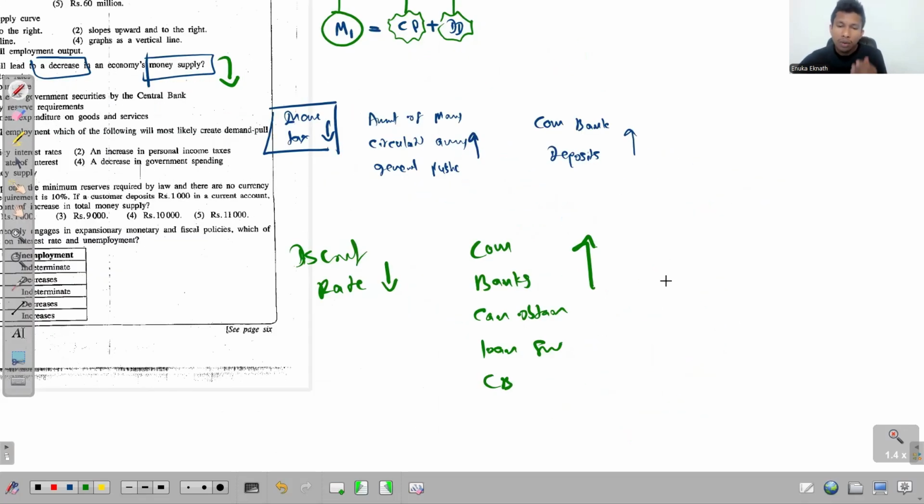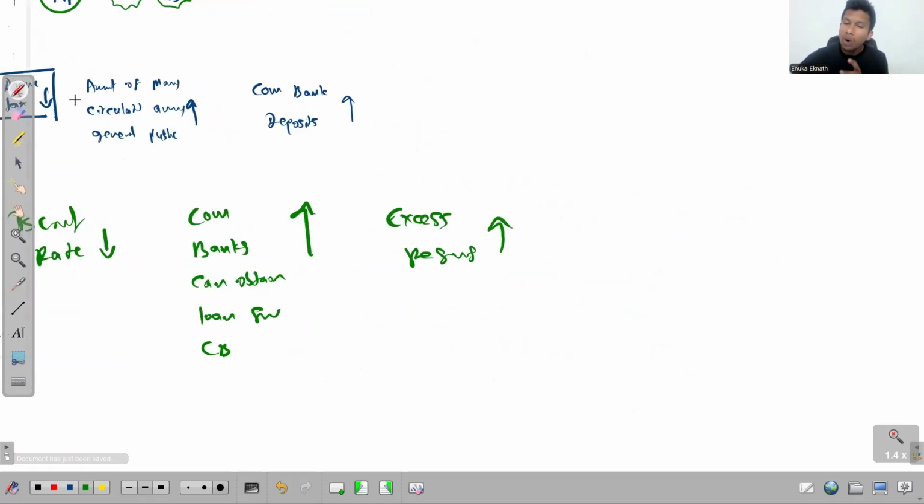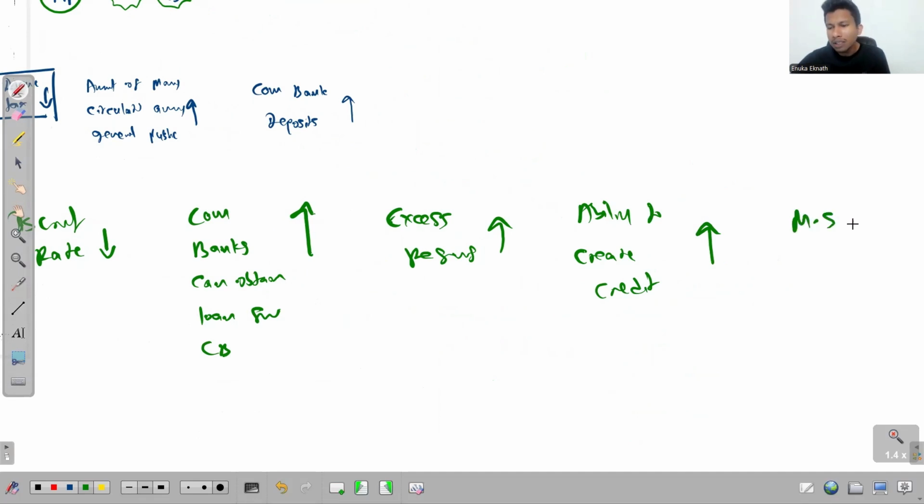And when they obtain more and more loans from the central bank, what will happen to their excess reserves? Their excess reserves will also go up. When excess reserves go up, their ability to create credit also increases. And as a result, what happens to the money supply?